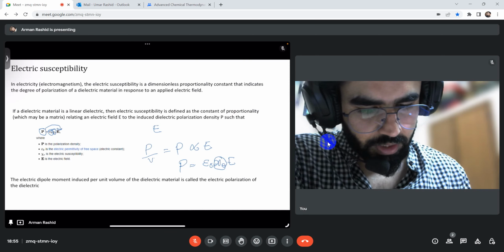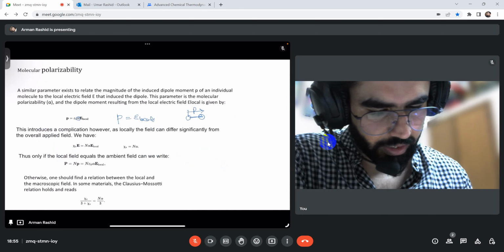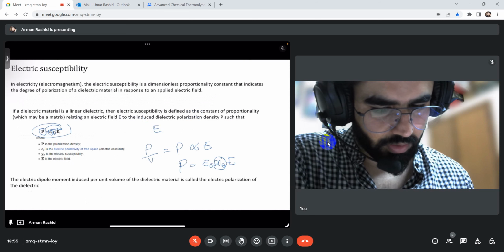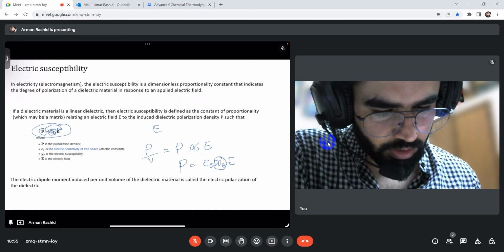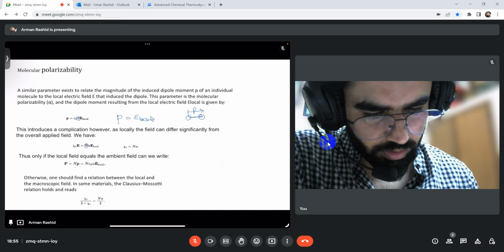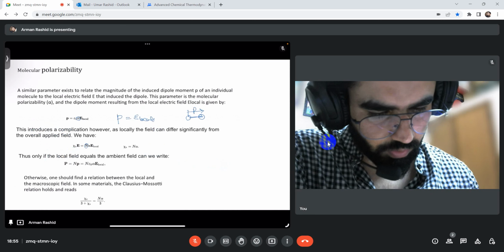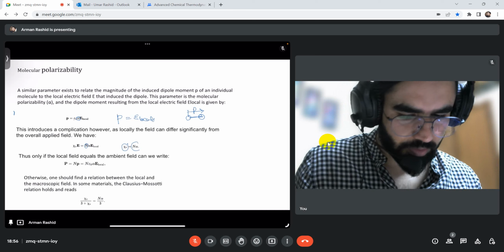Then we can equate this per unit volume, where n is the number of molecules per unit volume. So equating this molecular polarizability with electrical susceptibility, we determine that chi e is equal to n times alpha, but this is only possible when the field is consistent in the medium throughout.